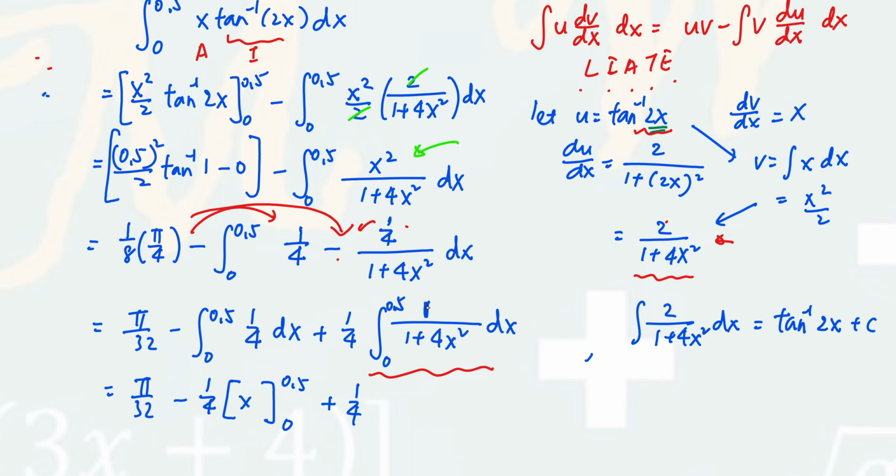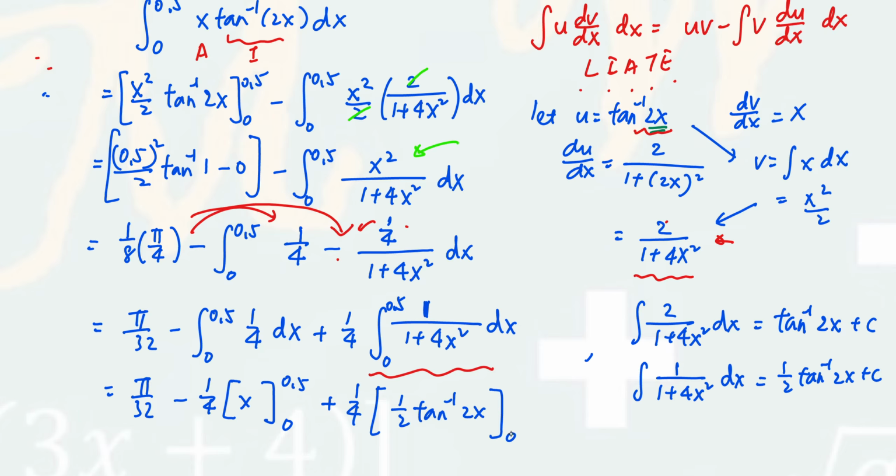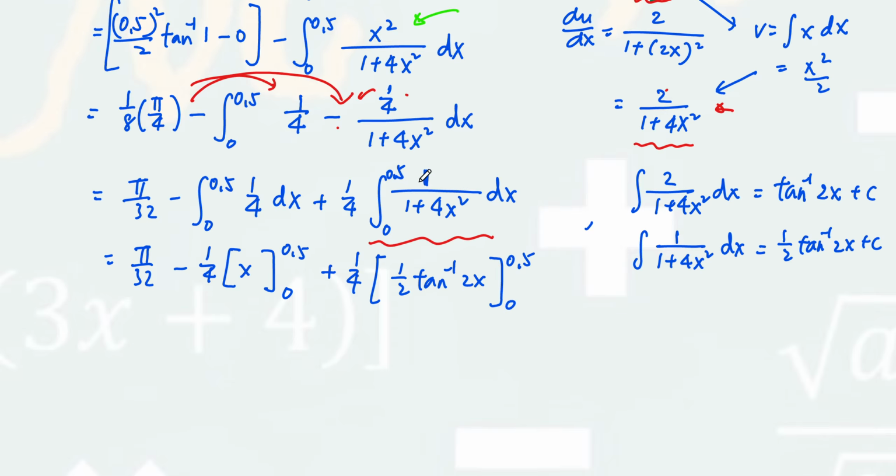So now here I integrate 1 over 1 plus 4x squared. So this 2, I will move it down to the right side. Okay, which means the integral of 1 over 1 plus 4x squared dx is half arctangent 2x. Okay, so I will write here, this is half arctangent 2x. And now here we don't add plus c because of the limits, because integration is the reverse process of differentiation.